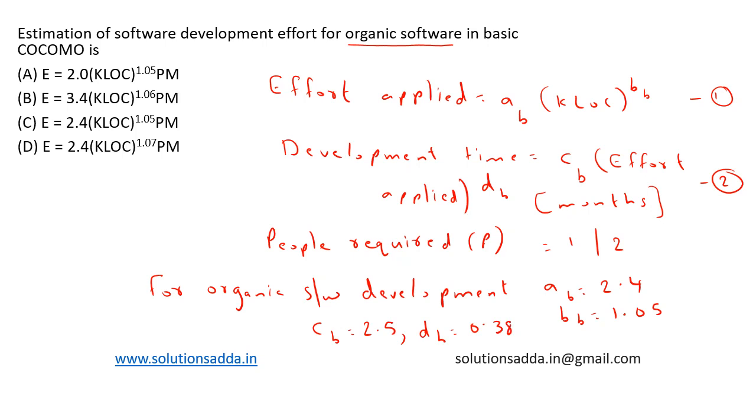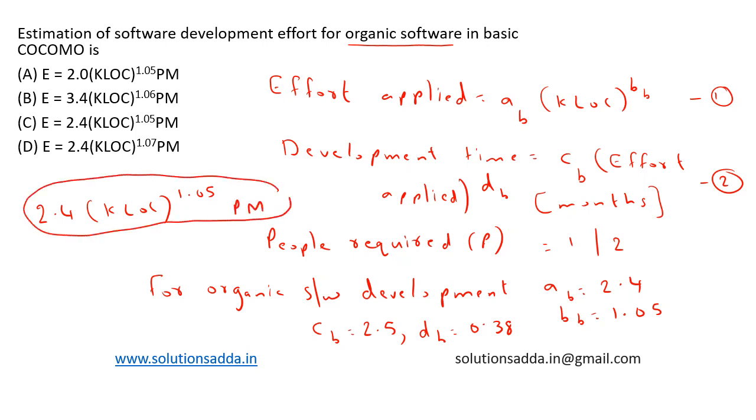So the basic formula would be 2.4 K log to the power 1.05 per month. This is the correct answer, and option C will be the correct option here.